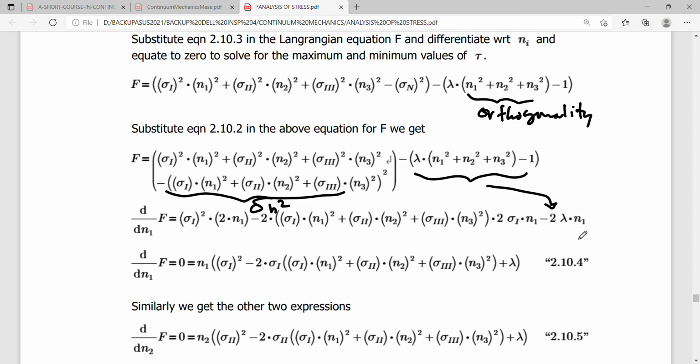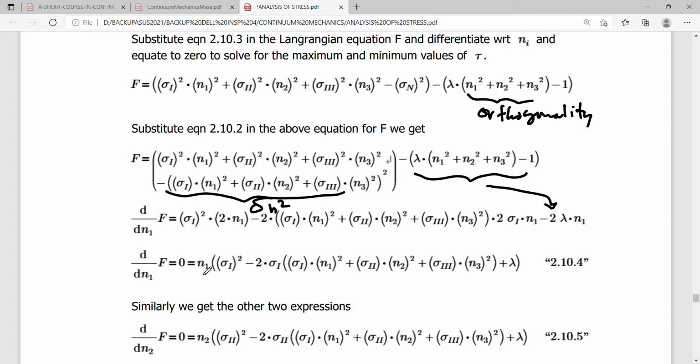So simplifying by taking out n1 there, and taking note that 2 is simply a factor that can be placed outside, and upon equating it to 0, the factor of 2 may be considered to be insignificant.